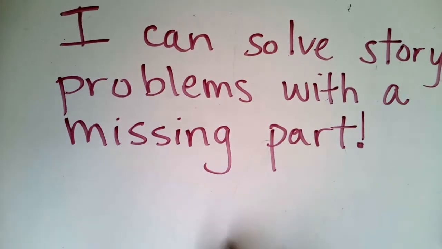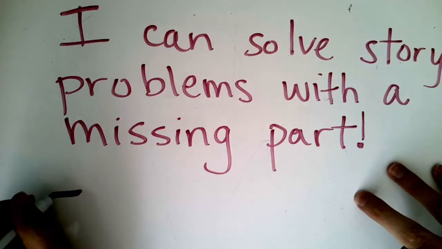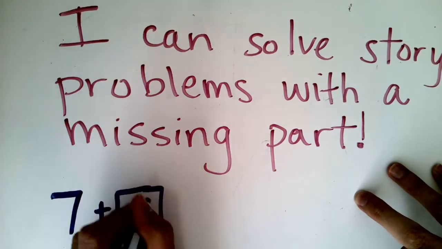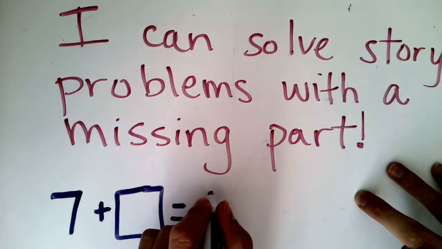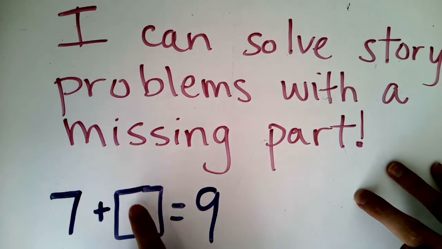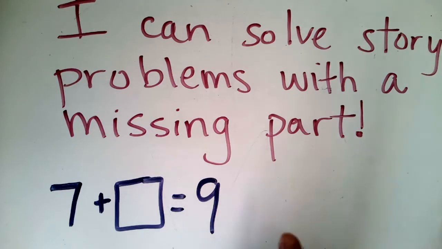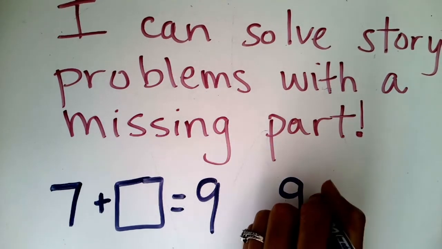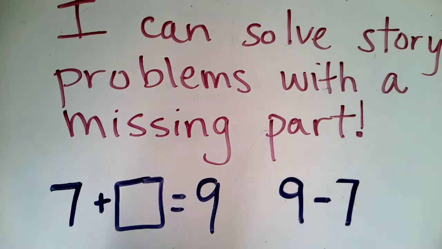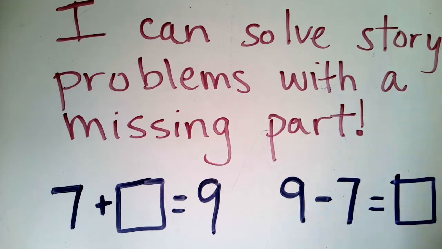Yesterday we reviewed finding a missing part by using addition, right? So 7 plus something, we have a missing part here. But we also learned a new one where we take the whole number and we separate or take away the part we know, which is 7 here, to get the other part.